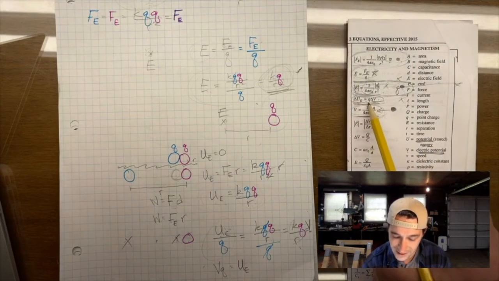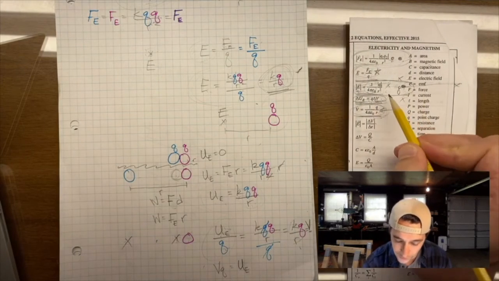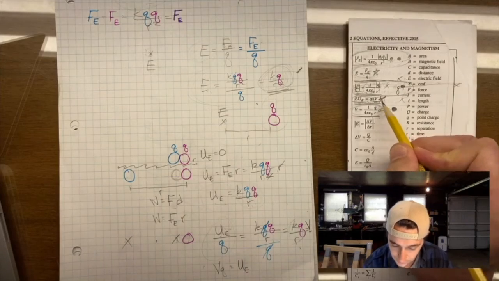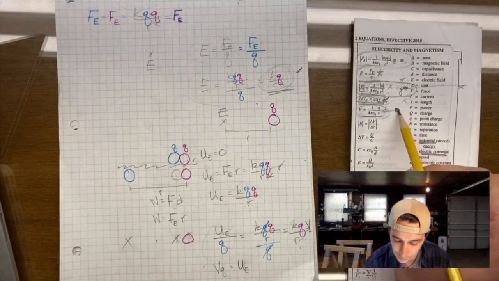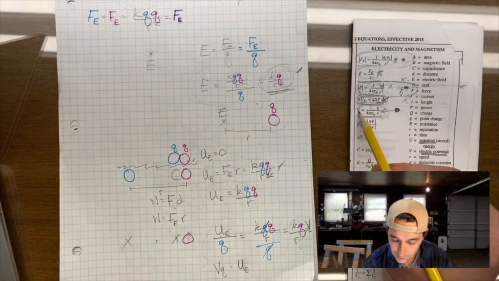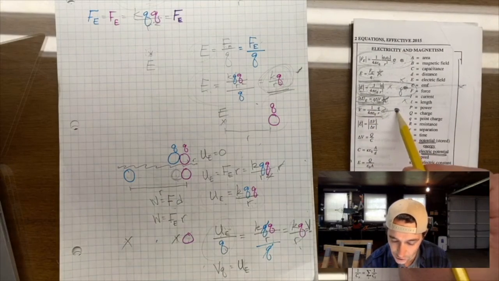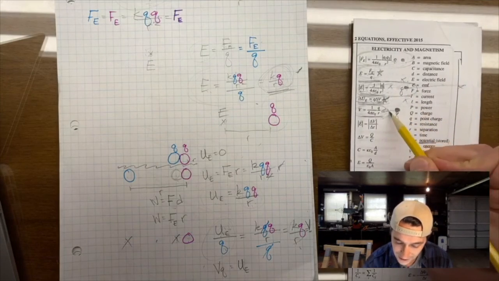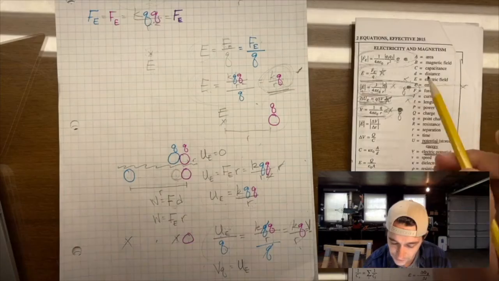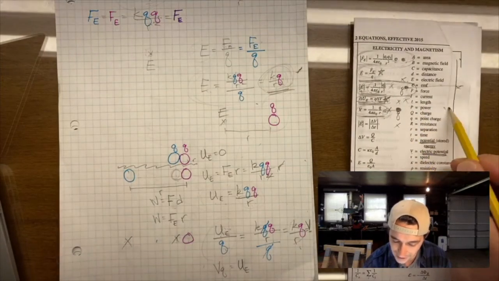Here, we have a definition. This equation is true all the time. I'm going to put a star here. For a single point, we want to know the electric potential around this charge. Just like before, this point is Q, and we can have an electric potential anywhere around it, here, here, here.